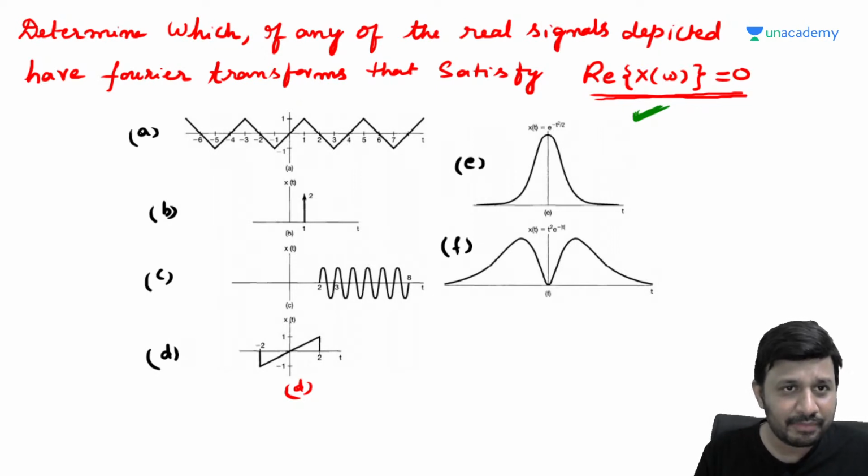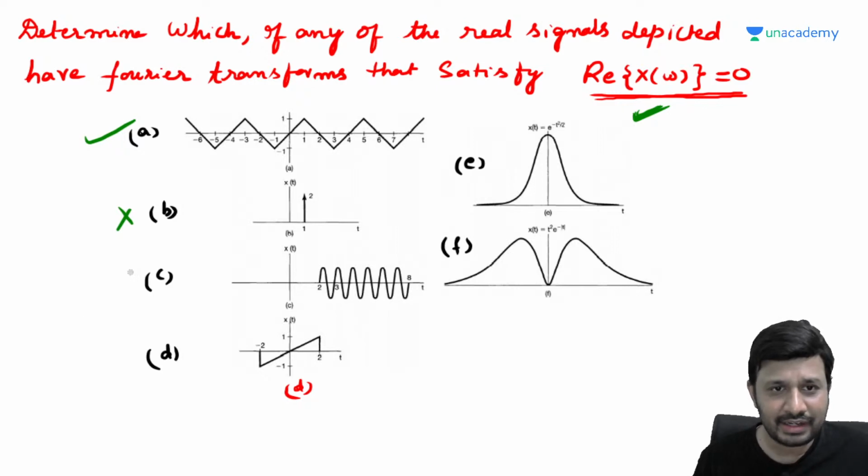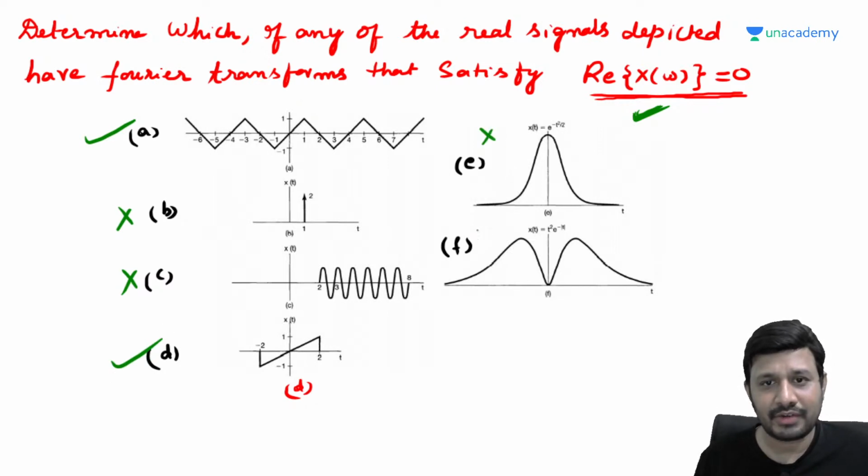So the first one, A, is an odd signal, satisfied. The second one, no, this is not an odd signal. Third one, not an odd signal. Fourth one, yes, it is an odd signal. Fifth one, even signal. Sixth one also even signal.